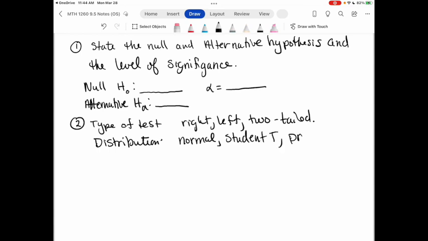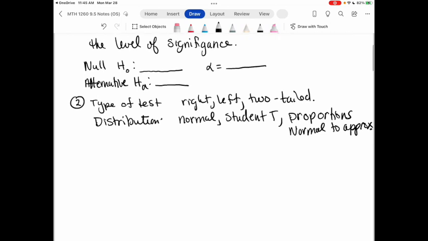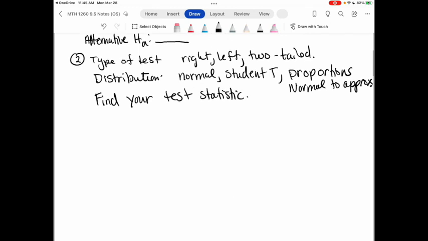So, for example, normal, student T, or if we're looking at proportion, and we use the normal to approximate. Okay, and then also you're going to find your test statistic.